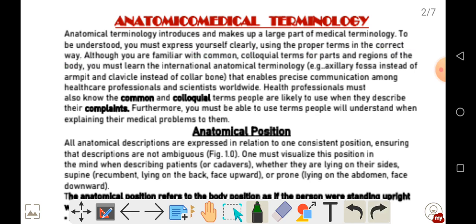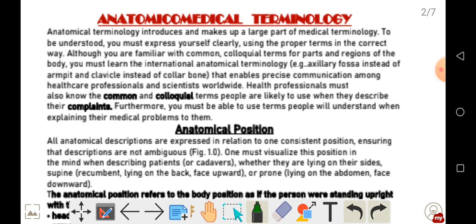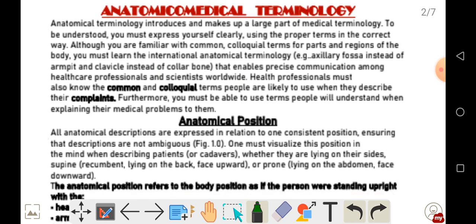Although you are familiar with common colloquial terms for parts and regions of the body, you must learn the international anatomical terminology. This is very important for a medical professional.